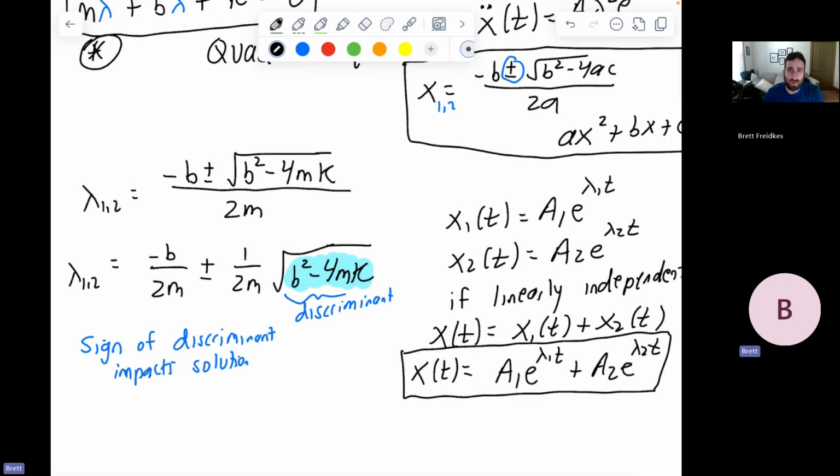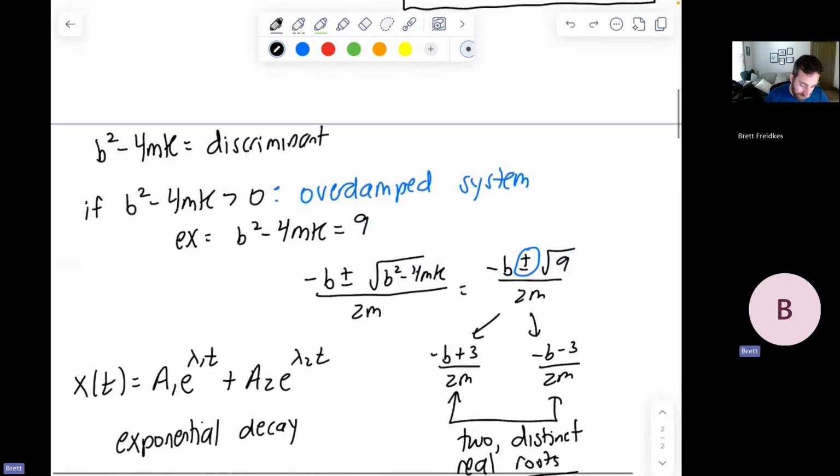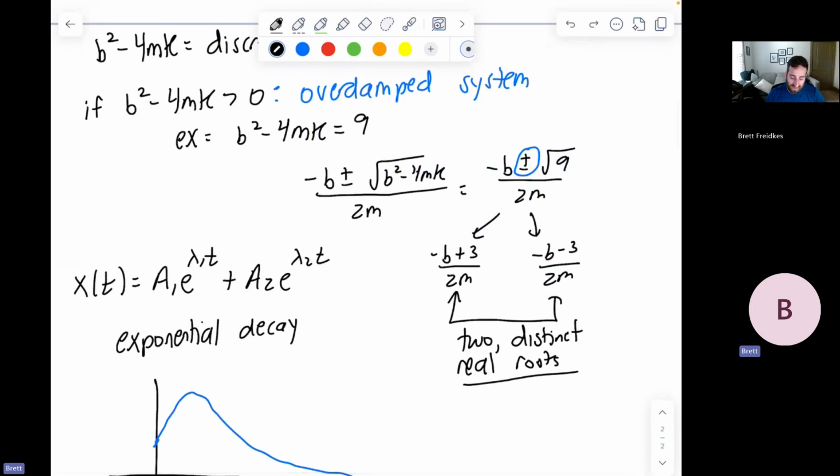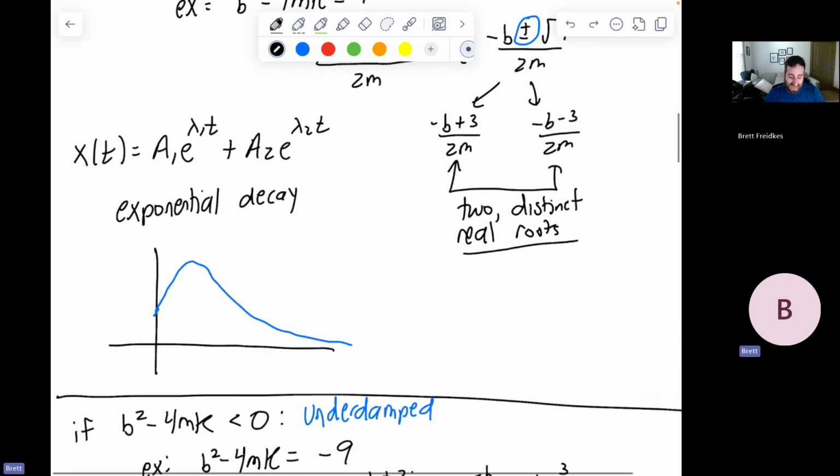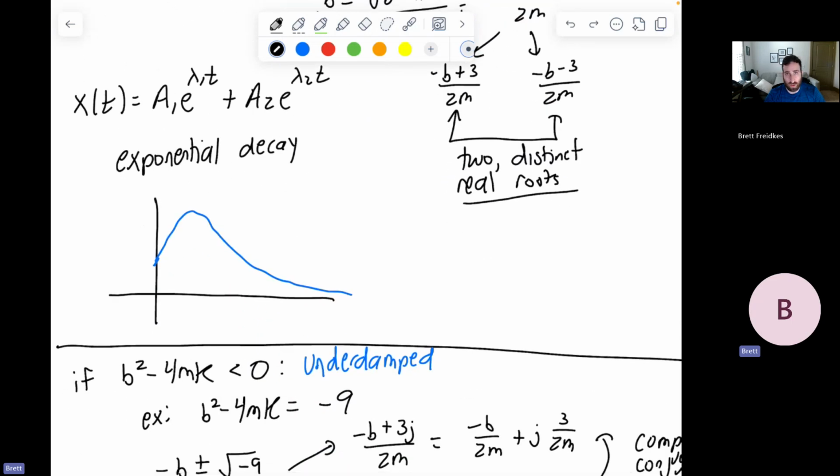Because in our solutions for lambda, depending on the sign of that discriminant, that has a huge impact on lambda, and lambda has a huge impact on the solution to the differential equation. So we looked at the three cases where the discriminant is positive. We saw that we ended up with these two real roots that were different from one another, and we end up with some sort of exponential decay that occurs.